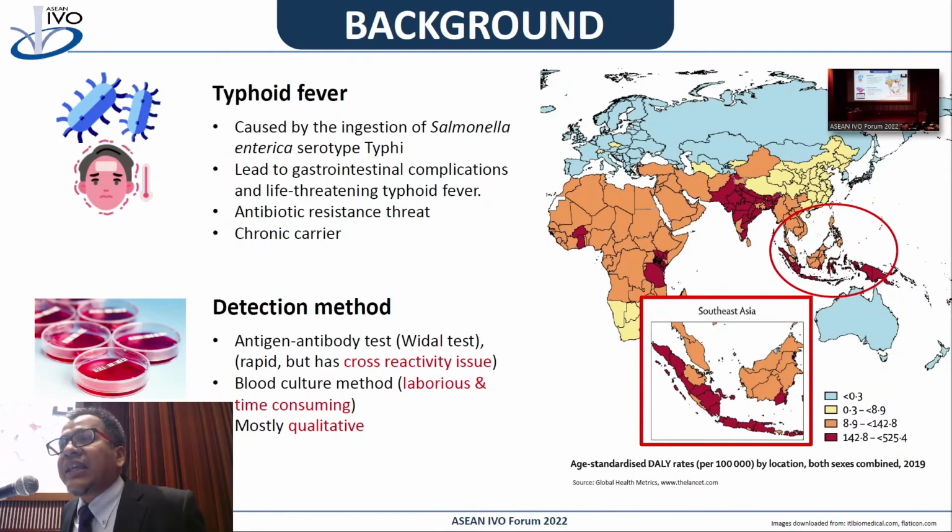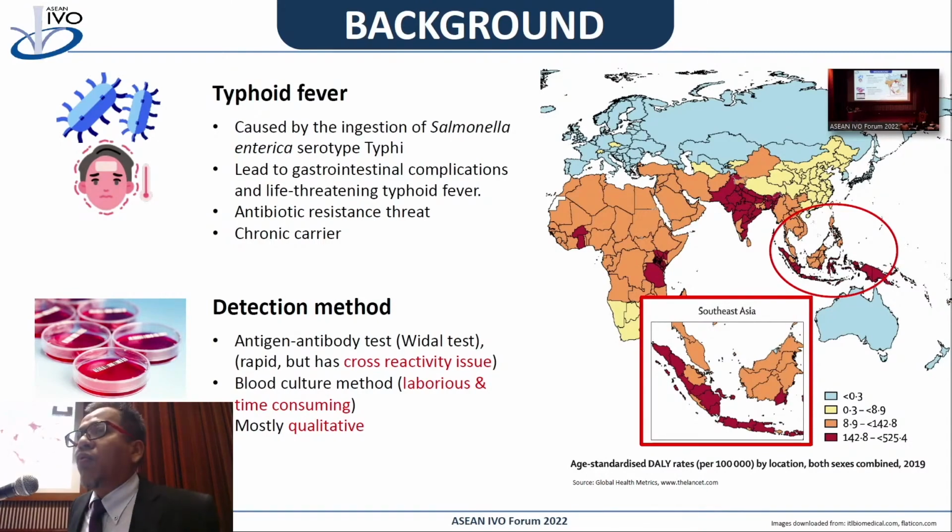So we need portable devices that are simple, cheaper, very accurate, and digitalized. That means being able to track, to track when an outbreak is happening.